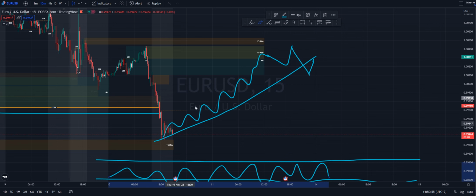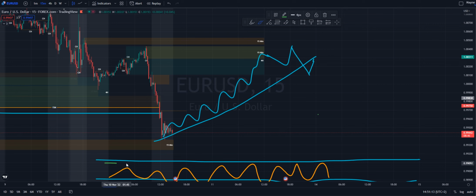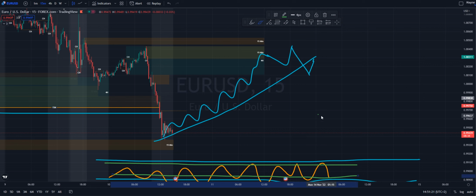Let's say your RSI comes into this, which would be on 90 and 10, or 80-20 depending on your settings. Let's say you see that your trend line has broken on the M15 and your RSI has moved into what is this? Is this oversold?